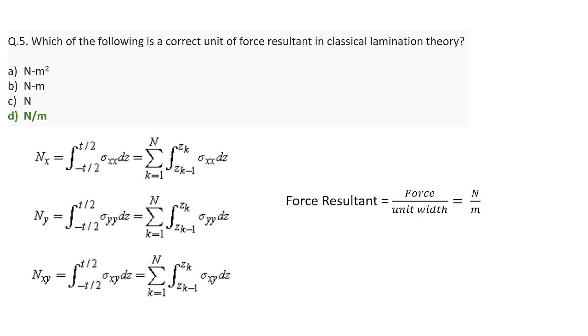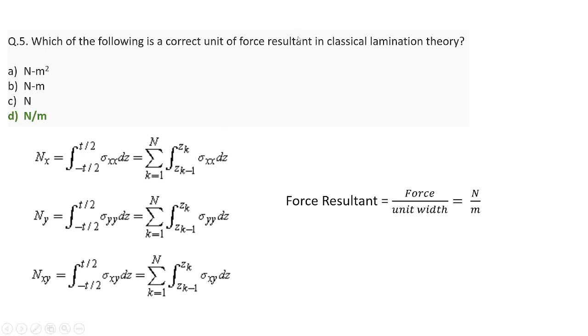Next question is, which of the following is the correct unit of force resultant in classical lamination theory? According to classical lamination theory, the resultant force is shown by this expression in the x, y and xy directions. Here you can see it is the summation of all the stresses in one direction of each lamina.